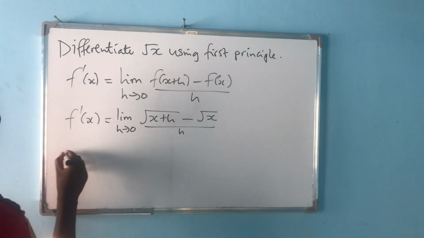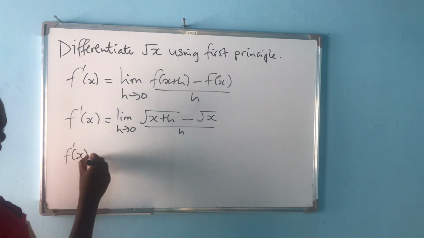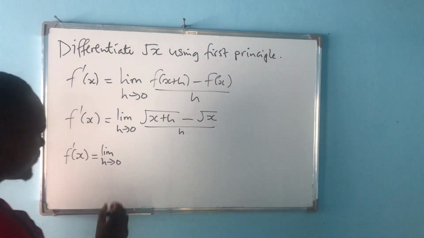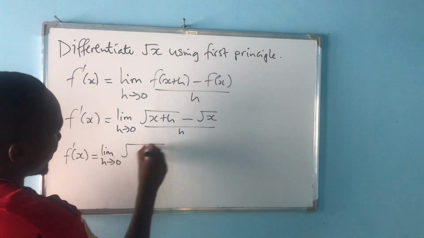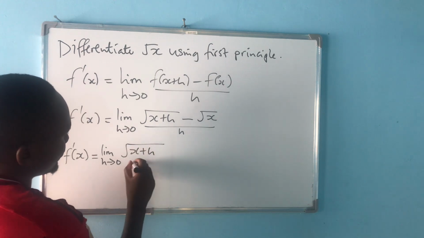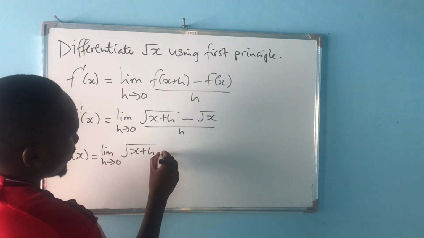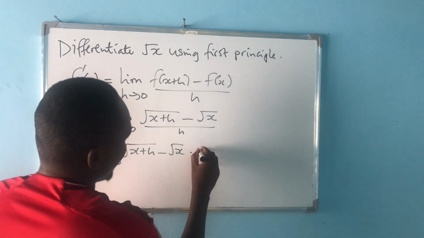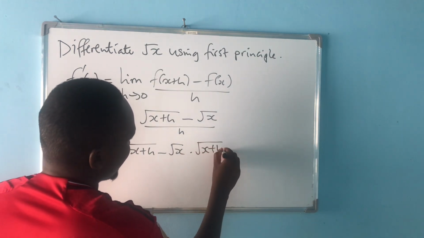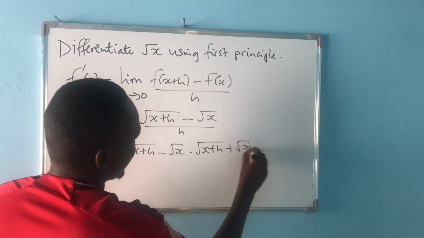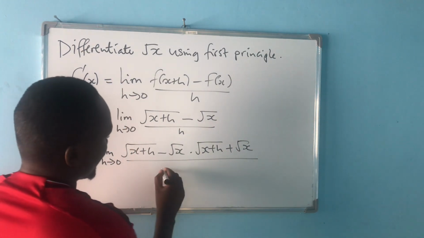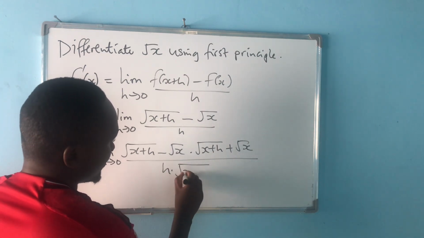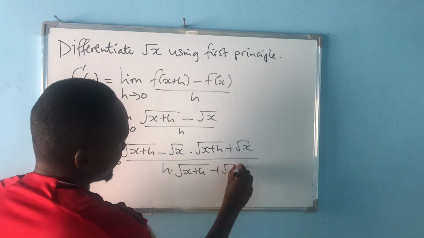So f prime of x will equal the limit as h approaches 0 of the square root of x plus h minus the square root of x, multiplying this with its conjugate, which is the square root of x plus h plus the square root of x, over the same conjugate in the denominator, the square root of x plus h plus the square root of x.